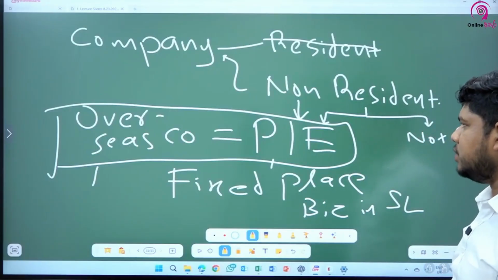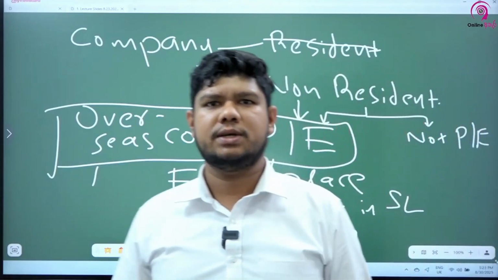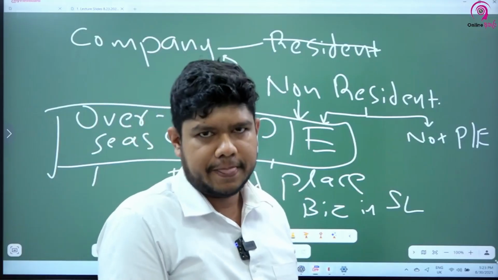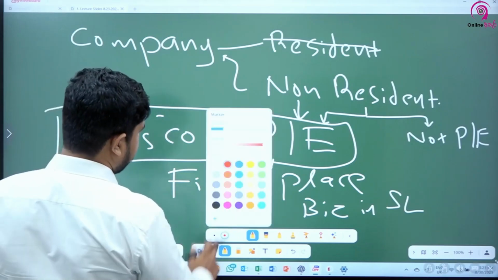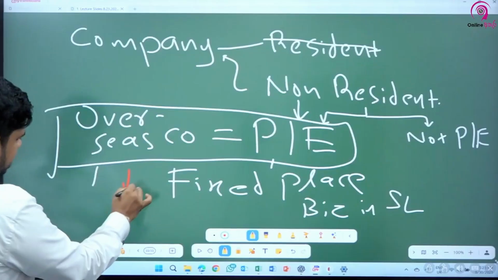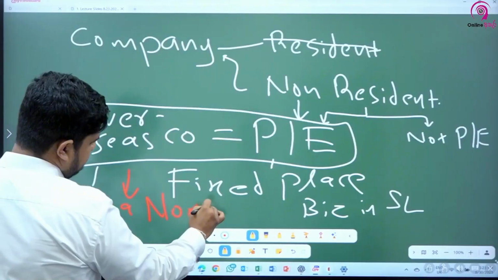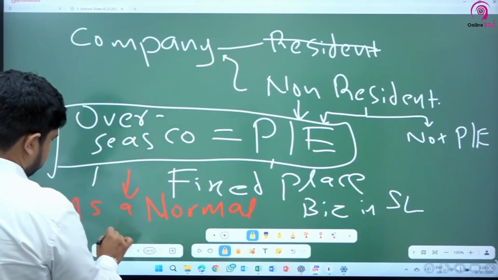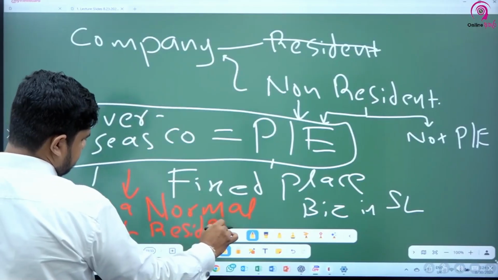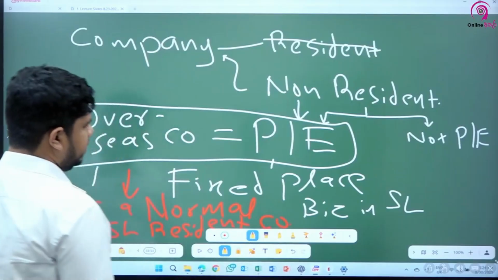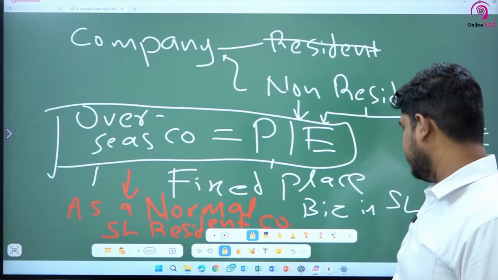So there is a fixed place of business. So when there is a permanent establishment, students, how are you going to tax it? If it is a permanent establishment, you tax it as a normal SL resident company, right?